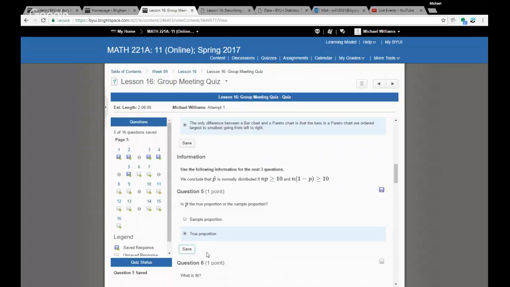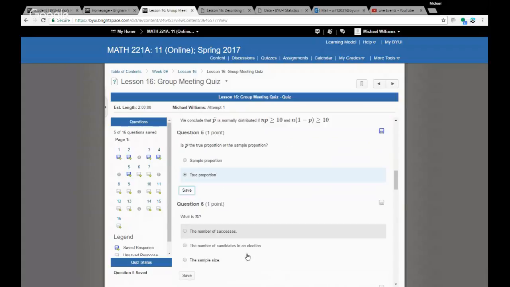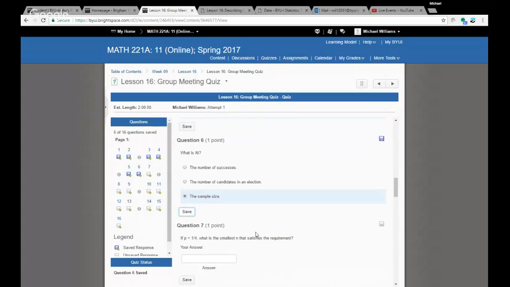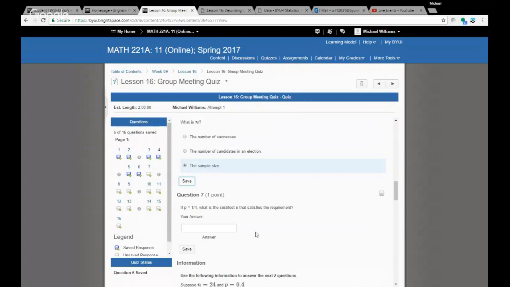N is the sample size, the number of candidates in an election. Well, technically that could be right if we were sampling the number of candidates in an election. True, but the sample size would be the appropriate answer.